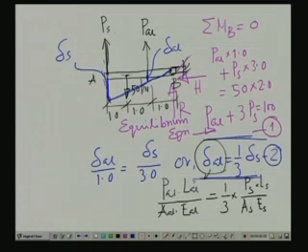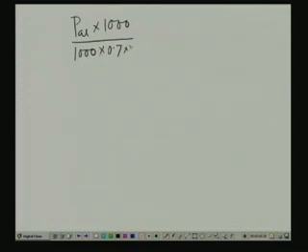Now, if we substitute the values, we get P aluminum multiplied by length of aluminum, which is 1000 millimeter or 1 meter, divided by the cross sectional area of aluminum rod, which is 1000 millimeter square, times E, which is 0.7 times 10 to the power 5 megapascal.